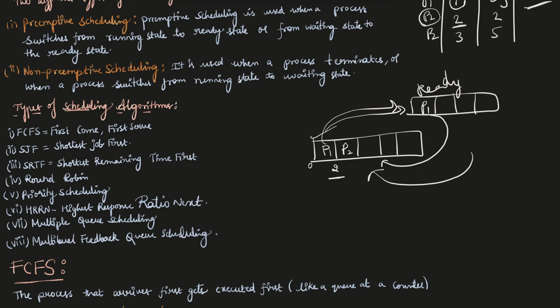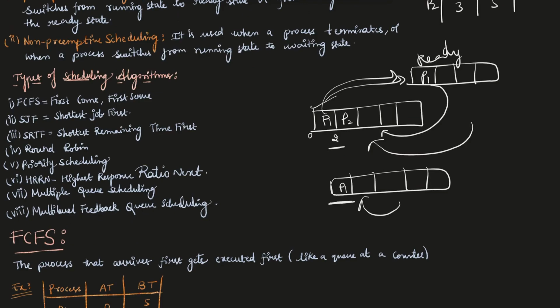Now let's talk about non-preemptive. If this is the Gantt chart and you have started with a process P1, until you finish P1, the CPU will never give the place to the next process. Now let's see the different types of scheduling algorithms.